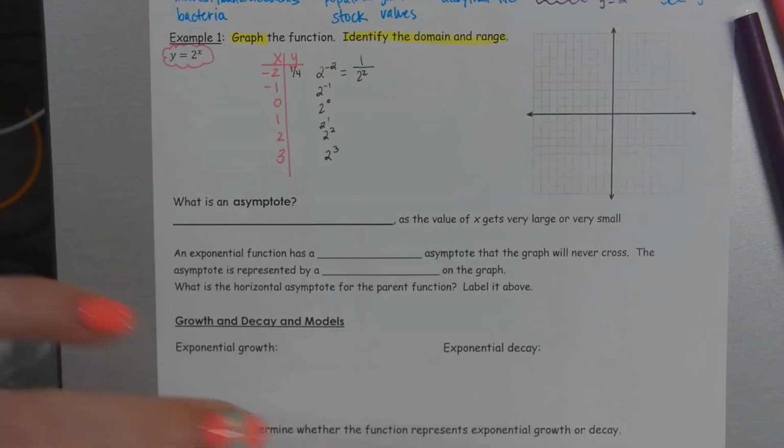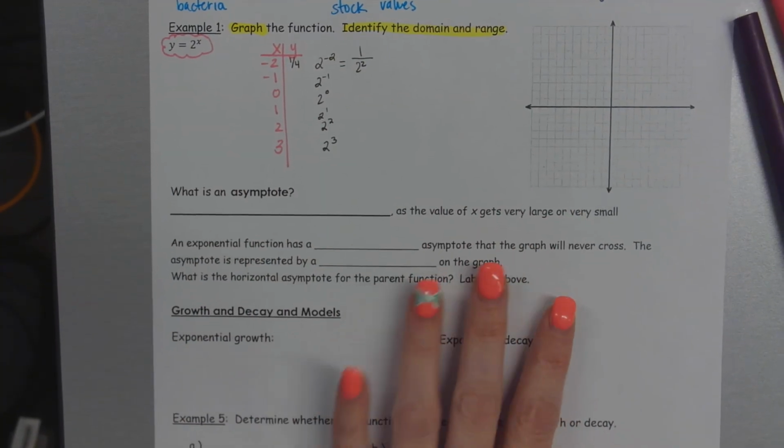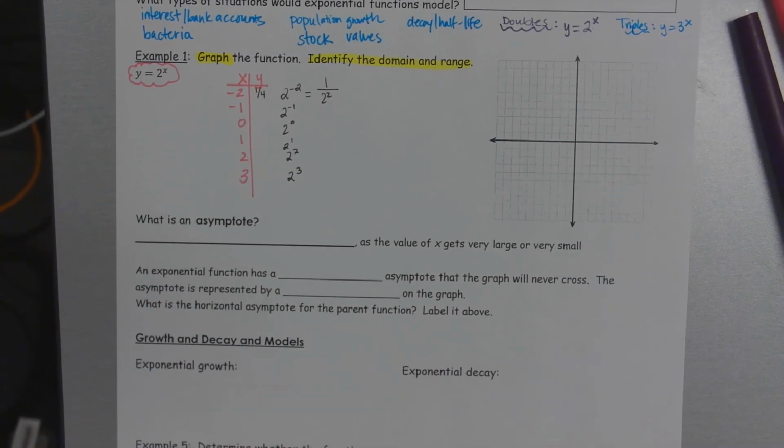Okay, put your solutions there. And then you can go ahead and put those points on your graph. Okay, so I want you to use mental math to evaluate those.